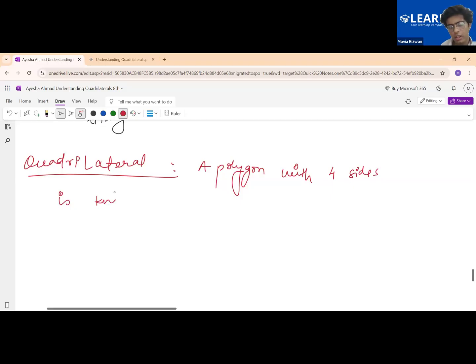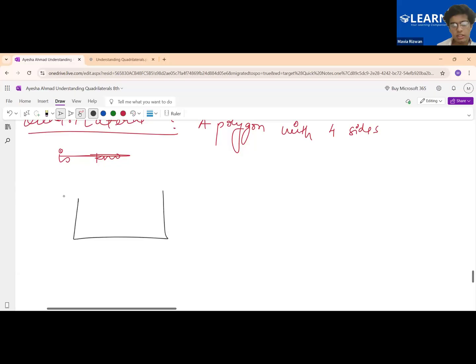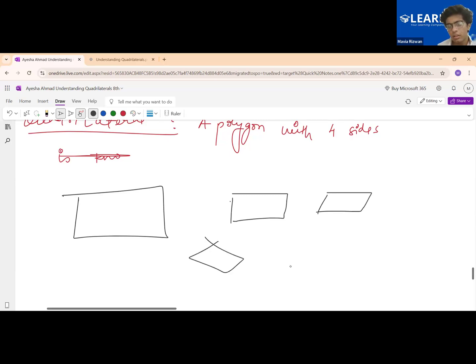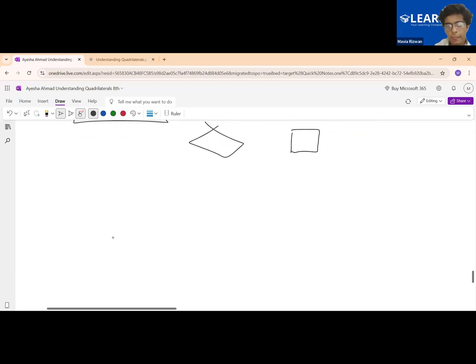A polygon with four sides only. Okay. So I'll give you examples of a quadrilateral. That is this, this, this, this, this. All these are quadrilaterals. Okay. A figure with four sides.